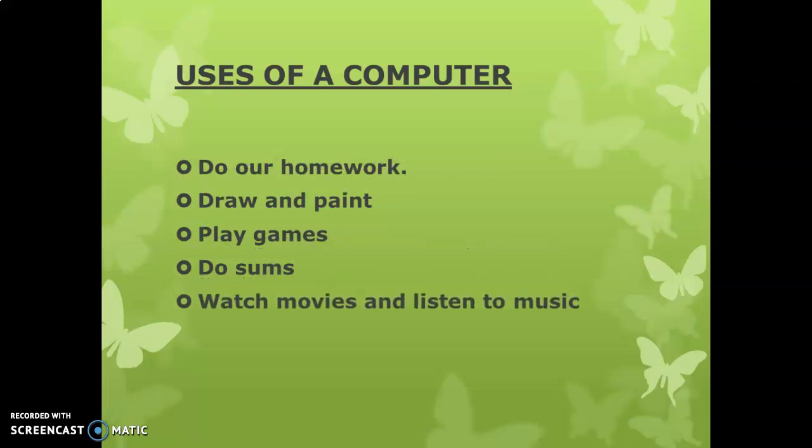And you can also watch movies and listen to music. You can write letters, you can type essays and you can type stories also. So that means you can do typing as well. So these are the different uses of a computer.